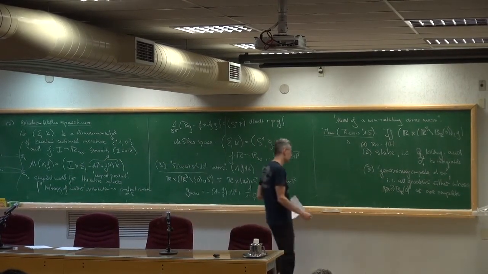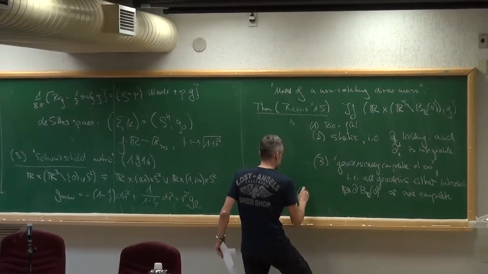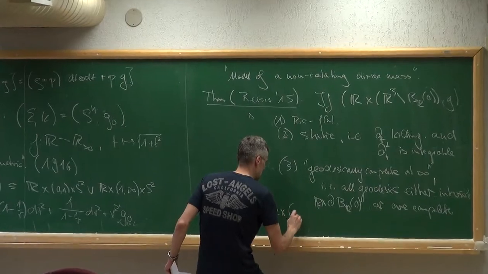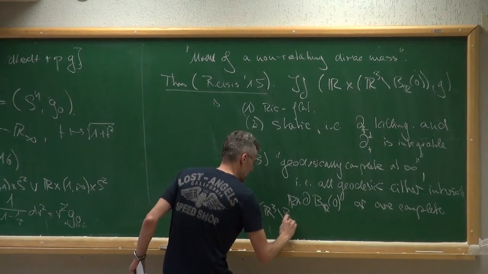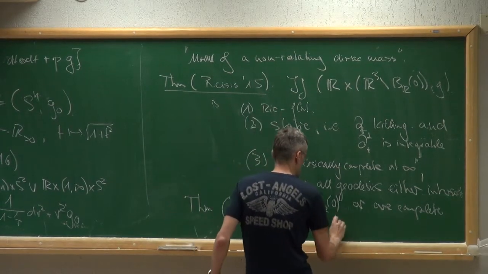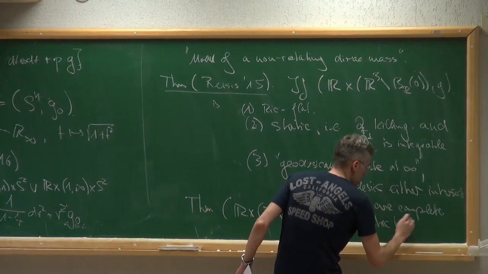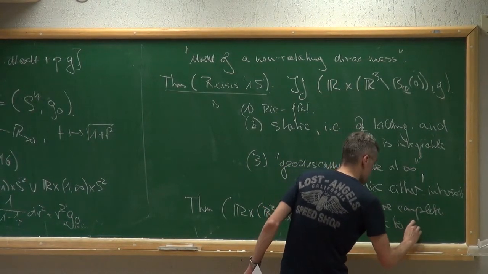Then this thing here is isometric to a piece of Schwarzschild.